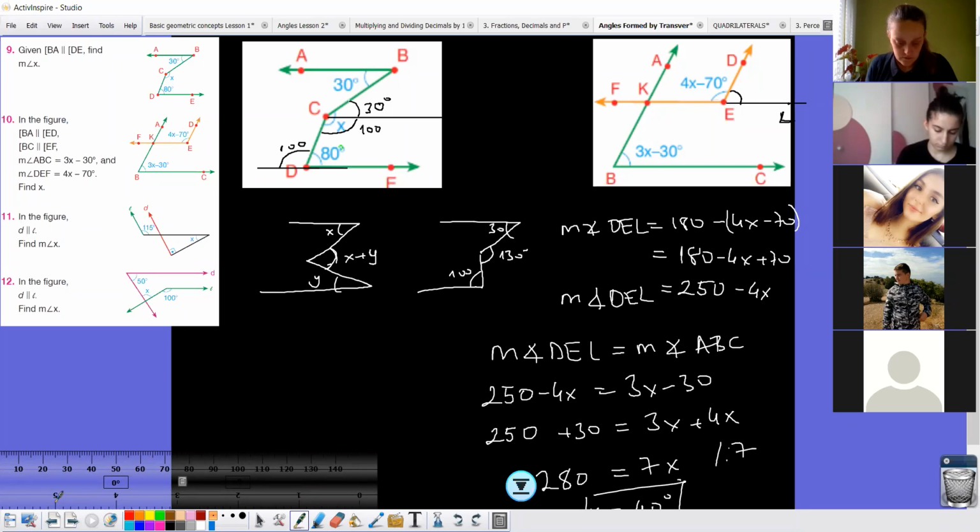Angles formed by a transversal. It starts from page 25. And these questions you have on page 35. See, the same ones.